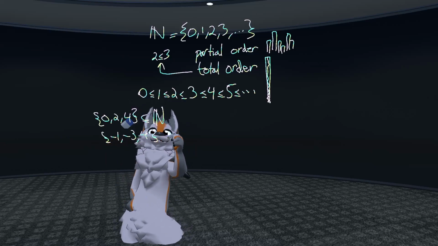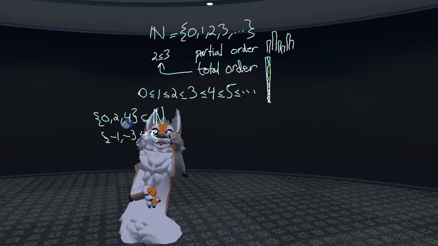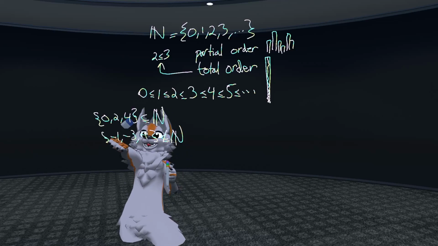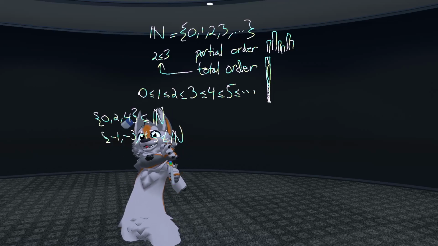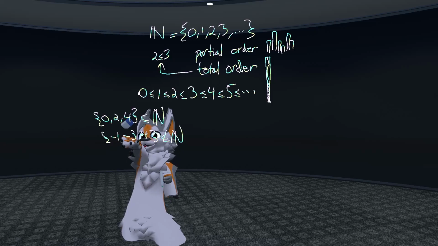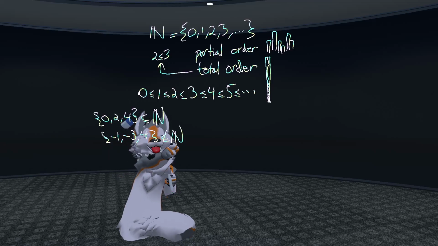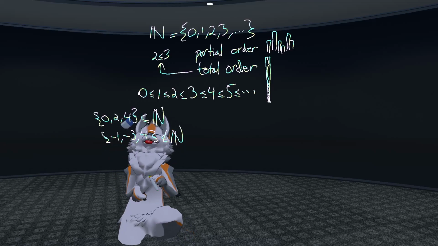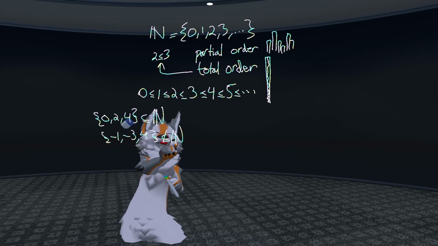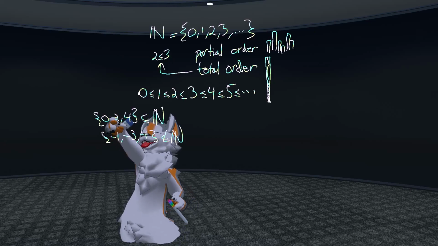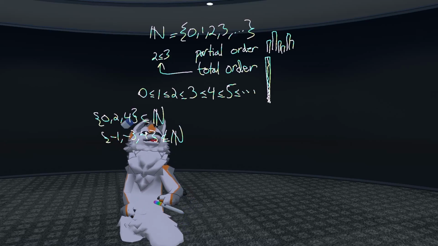This is not a subset of the natural numbers because, for example, -1 is not an element of the natural numbers, and neither is -3. But we only need one outlier, and then it's not a subset. One outlier is enough. So this is not a subset of the natural numbers. But this is, because 0 and 2 and 4 are all natural numbers.